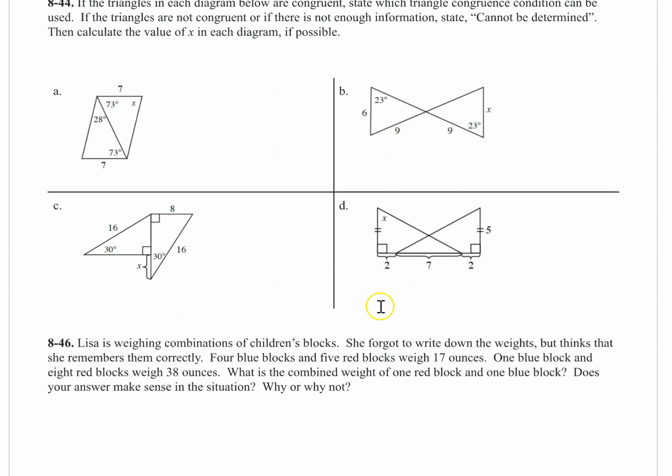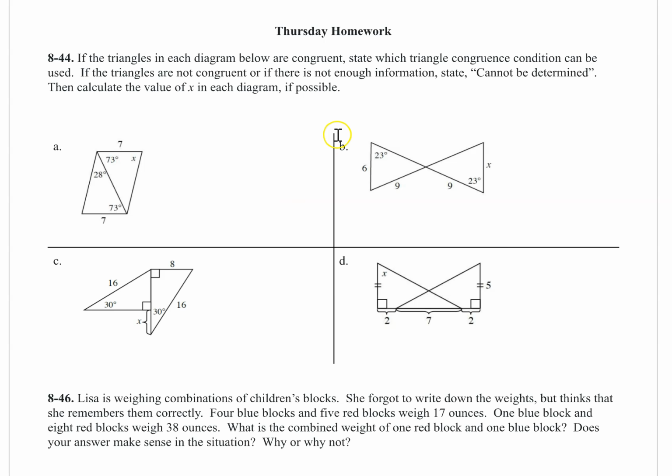8-44. If the triangles in the diagram are congruent, state which congruence condition can be used. If they're not congruent, say cannot be determined, then calculate x if possible. So let's look at A. So it looks like we have a side in common. And then this is 73, that's X. We have another side in common in the middle.